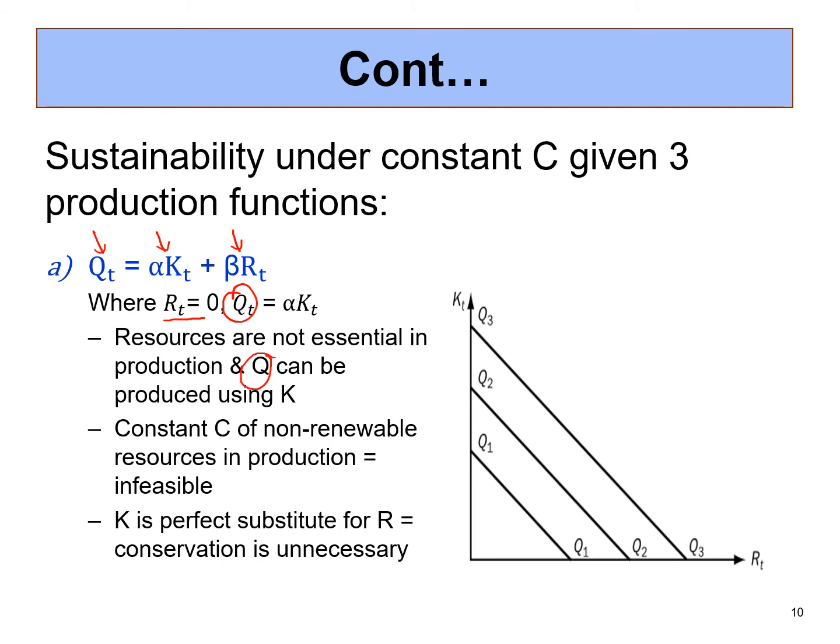Okay, so in this case, what can you say about this production function? We can say that this production function is not sustainable because we don't have the conditions of constant consumption of resources. So it is not feasible to use this production function.